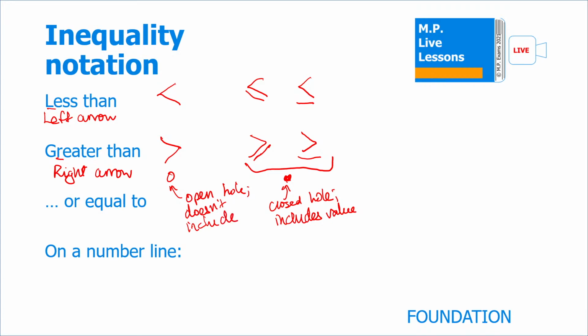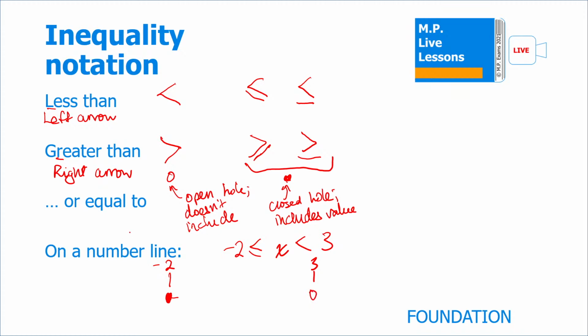For example, to represent this inequality on the number line, I'll roughly mark out 2 here and 3 here. Since x can be greater than or equal to 2, or 2 is less than or equal to x, we need a closed hole so it includes 2. And since x is strictly less than 3, it can't equal 3, so we need an open hole.